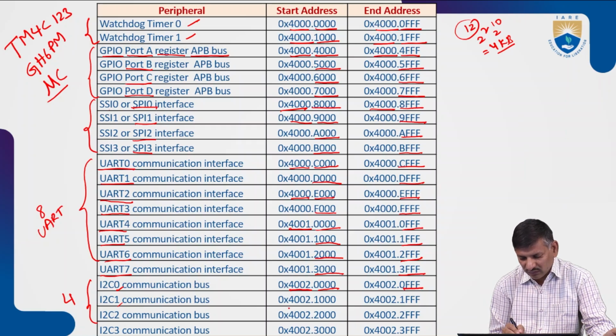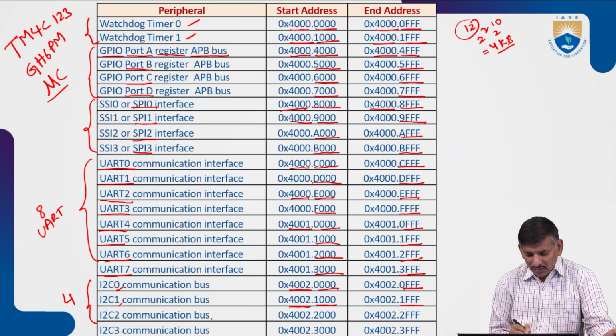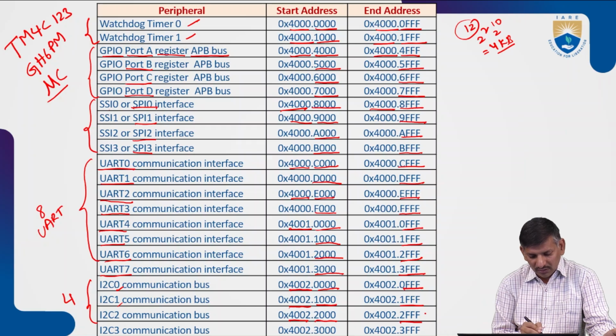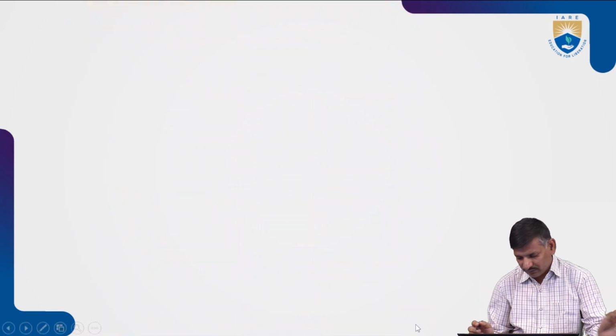I2C 1, 4002 series 1000 to 1FFF. I2C 2, 2000 to 2FFF. I2C 3, 4002 3000 to 3FFF.